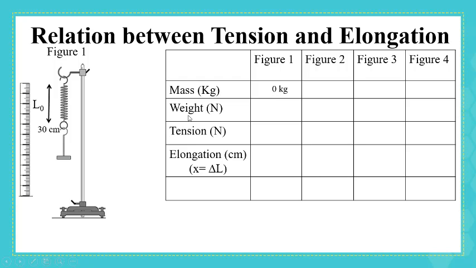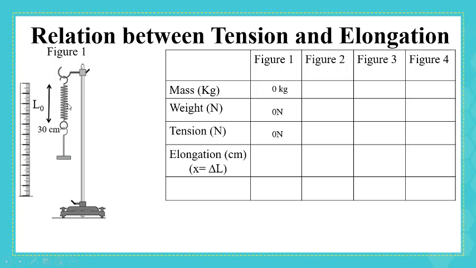Then to find the weight, referring to the formula of weight, that is mass times gravity, the weight will be equal to 0 multiplied by 10, then it's 0 Newton. To find the tension, it's from a case of equilibrium, so tension equals weight, so it is 0 Newton. To find the elongation, it is equal to delta L, L minus L0.